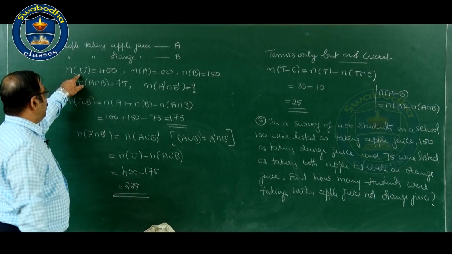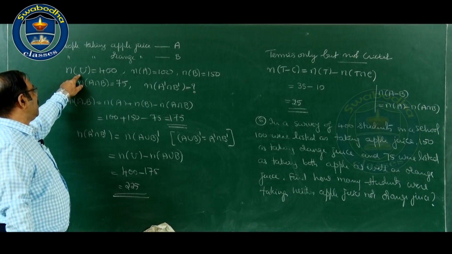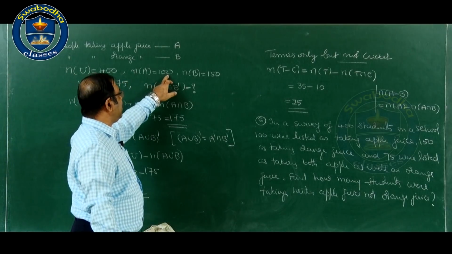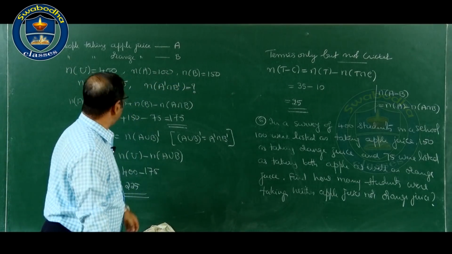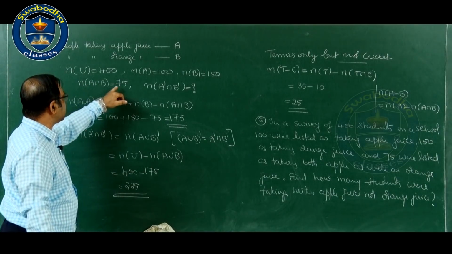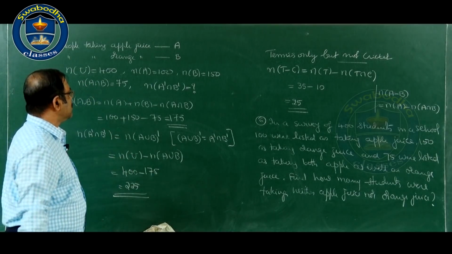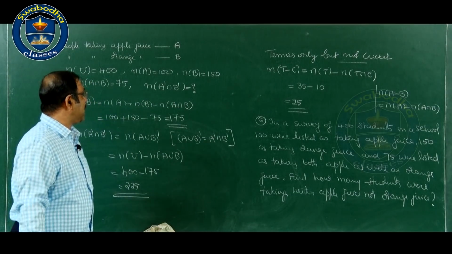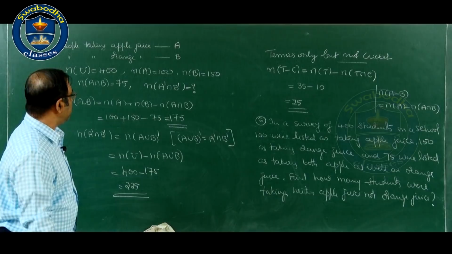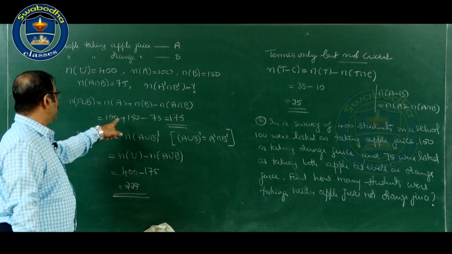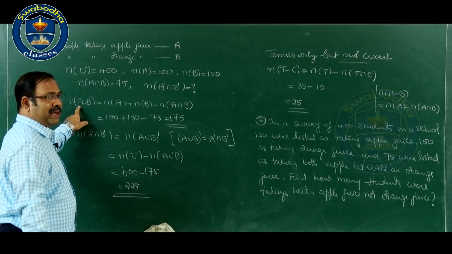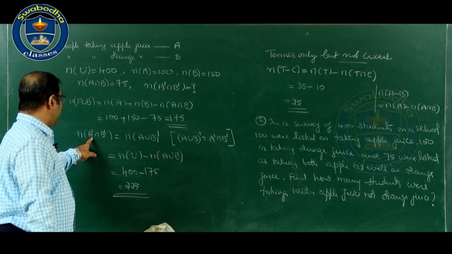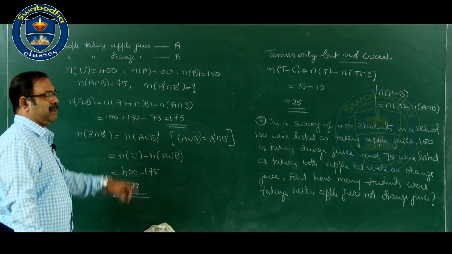So, first the total strength, N of U is equal to 400. N of A is 100, N of B is 150, N of A intersection B is 75. You have to find N of A complement intersection B complement.